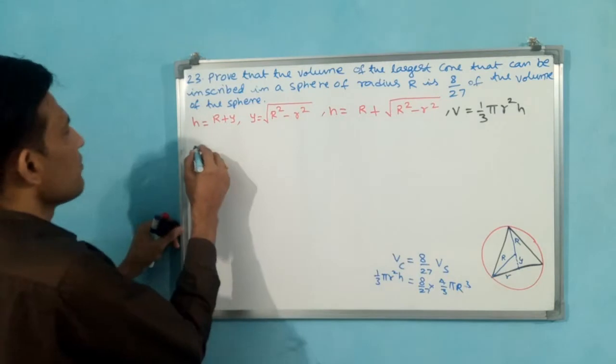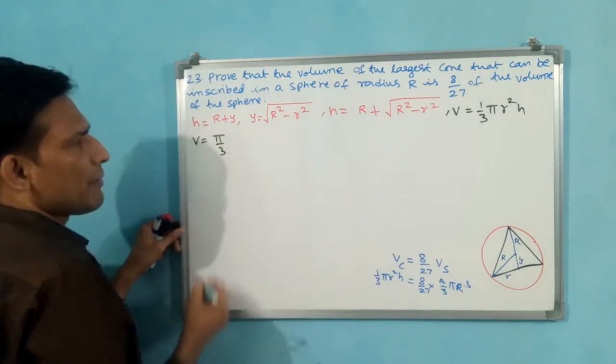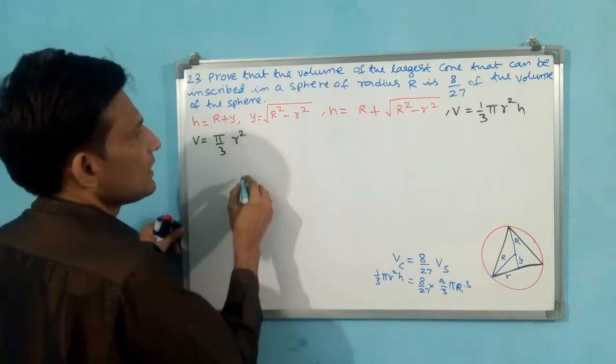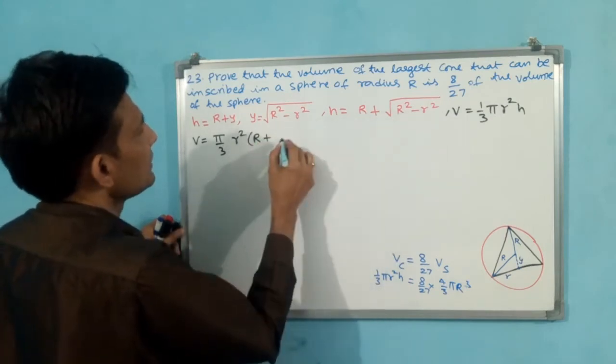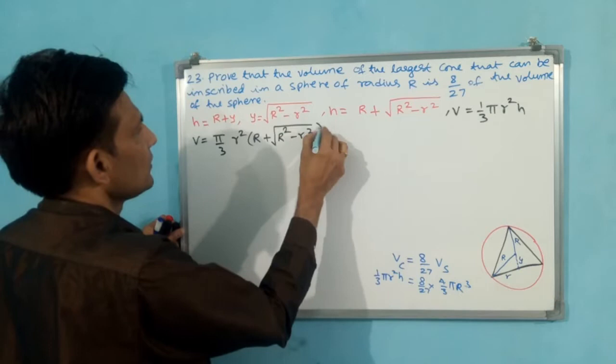Now we proceed further. V is equal to pi by 3, I am taking common, r square also, but h you write this one: R plus the square root of R square minus r square.